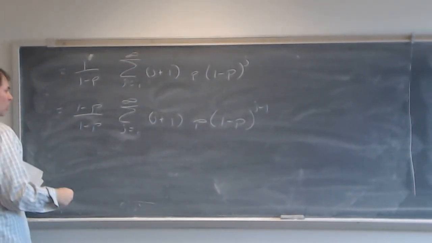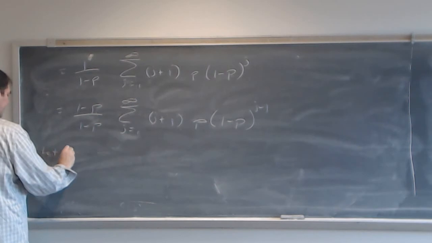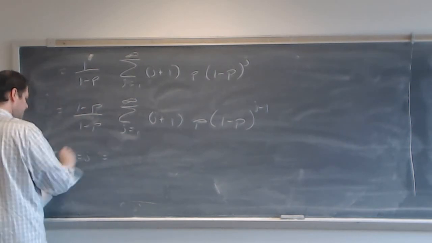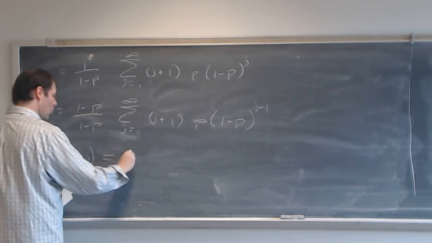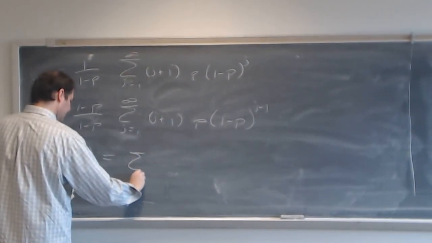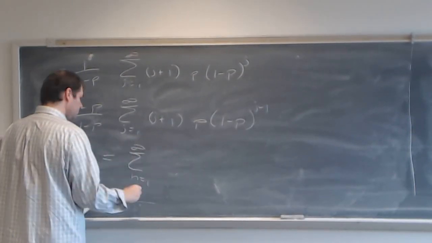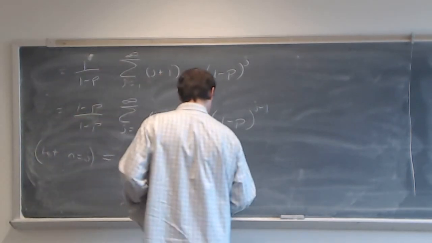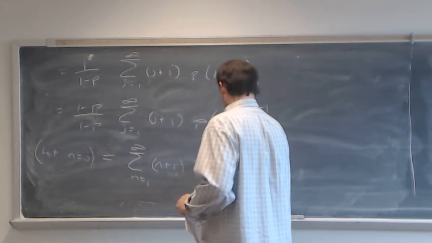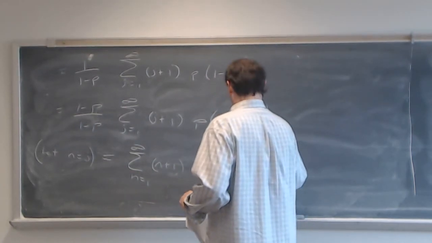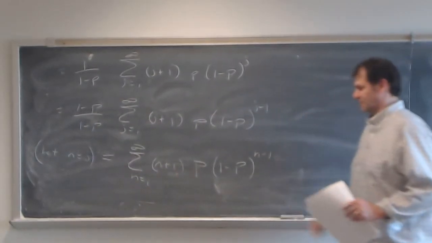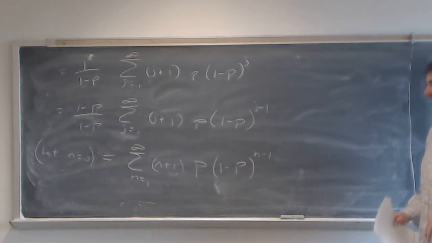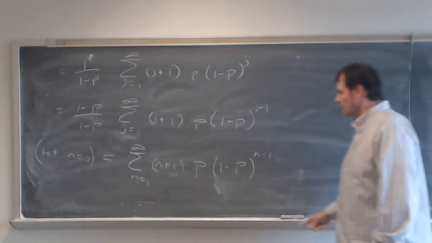If you want, you can rewrite this in terms of n. So we're going to let n be equal to J. So this part is the sum, n running from 1 to infinity, of n plus 1 times p times 1 minus p to the n minus 1. I didn't do anything except change the letters to get back in terms of the variable n.